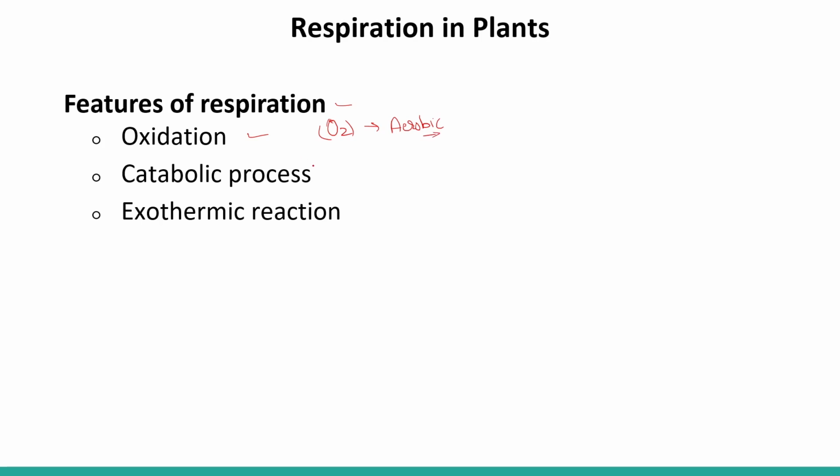The second feature is that it is a catabolic process, which means there is a breakdown of the complex organic compound into simple organic compounds. The third one is that it is an exothermic reaction, which means energy is released during respiration.